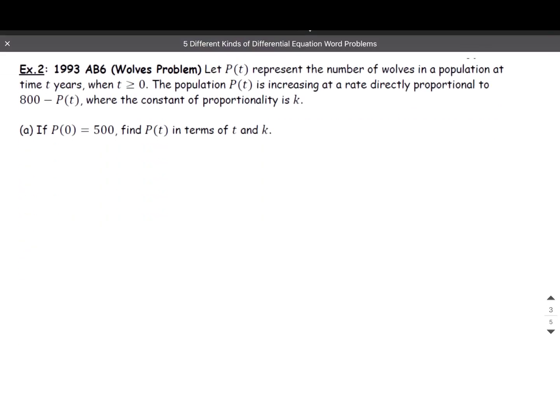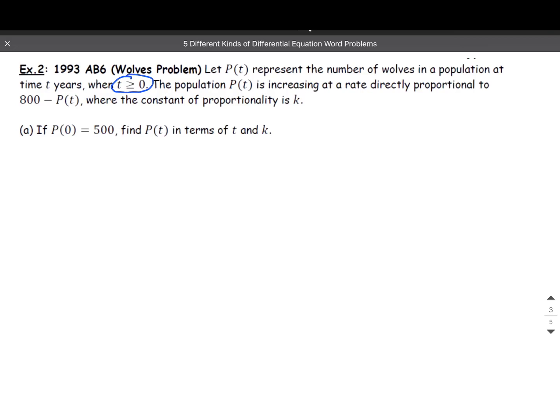Okay, so now we're going to do an old AP problem. This is from 1993. It's AB6. It's called the wolves problem. Let P of t represent the number of wolves in a population at time t years, when t is greater than or equal to 0.